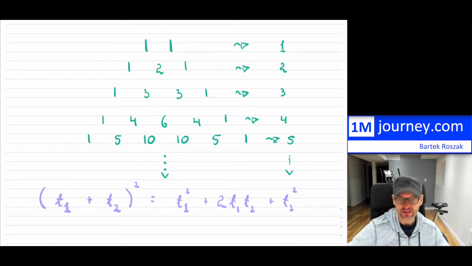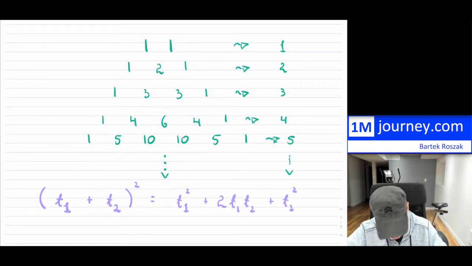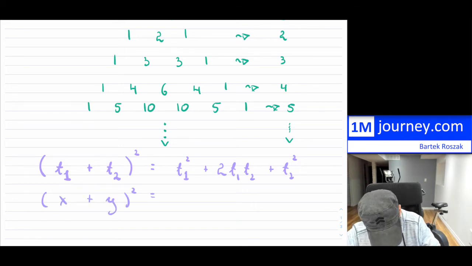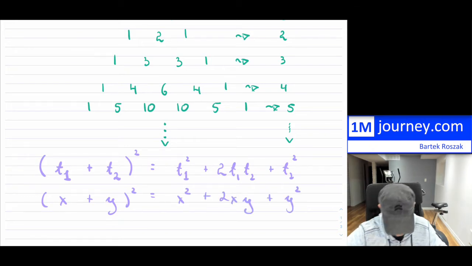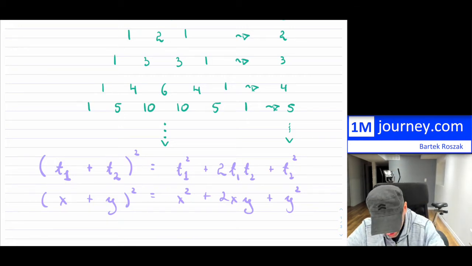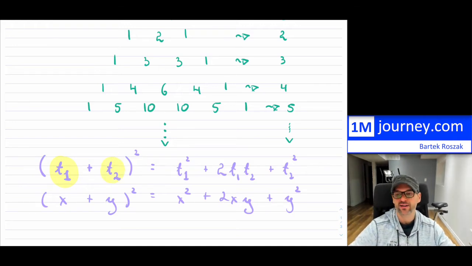So that's the expansion of t1 plus t2 squared. Sometimes you might notice this written out as x plus y. If you square it, this would have been x squared plus 2xy plus y squared. That's probably something more common to you. But I wanted to call them term 1 and term 2 because it doesn't have to be an x or a y. It can be any term that you like.